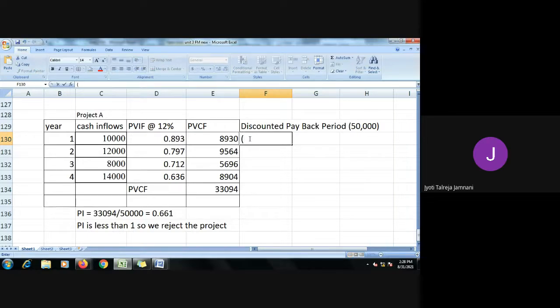So what I'm doing, 50,000 minus 8,930. Whatever you get is your remaining balance. So 50,000 minus 8,930, 41,070. This is what is remaining at the end of the first year. Now from this 41,070, you can recover 9,564 in the second year.